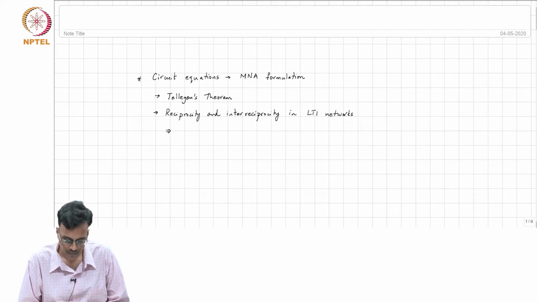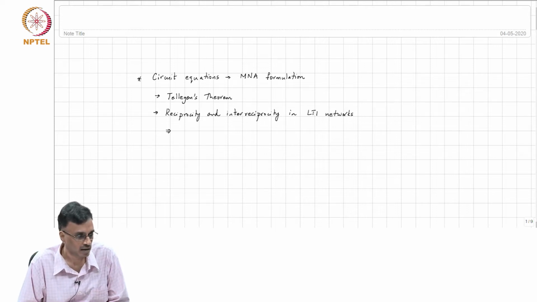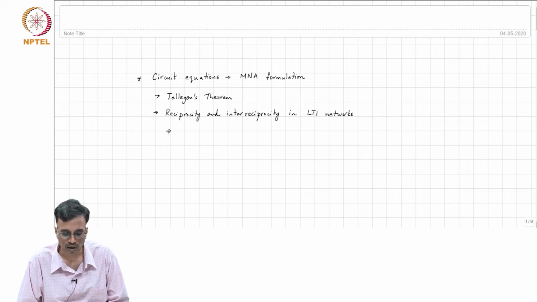Another thing that is a slight departure from what is done normally is that in earlier classes you have probably learned to prove reciprocity using Tellegen's theorem, right. But that is only a way of proving it.